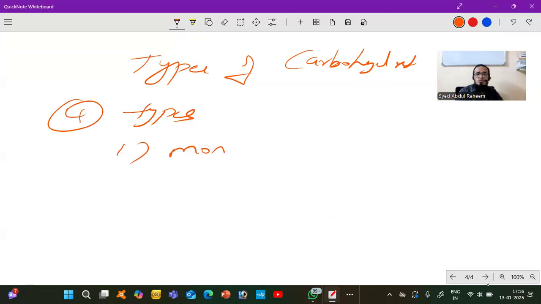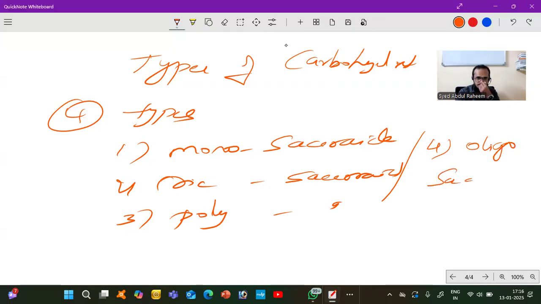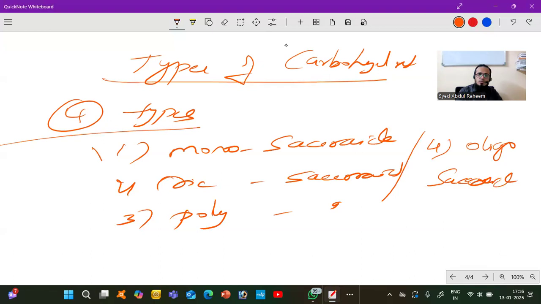First is monosaccharide, another is disaccharide, third is polysaccharide, and fourth is oligosaccharide. So there are four types of carbohydrates.